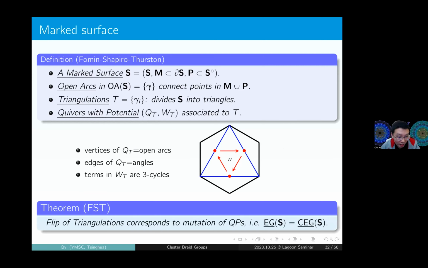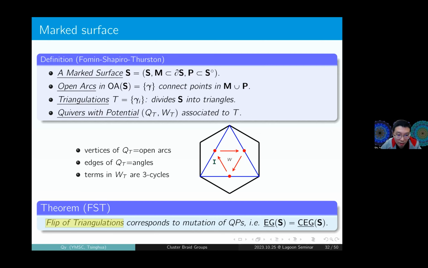So the important thing is that the combinatorics of the cluster exchange graph can be identified with the flips of triangulations. So what is a flip? A flip is that you take a triangulation and replace one of the edges with another diagonal in the two triangles forming a square containing that edge.